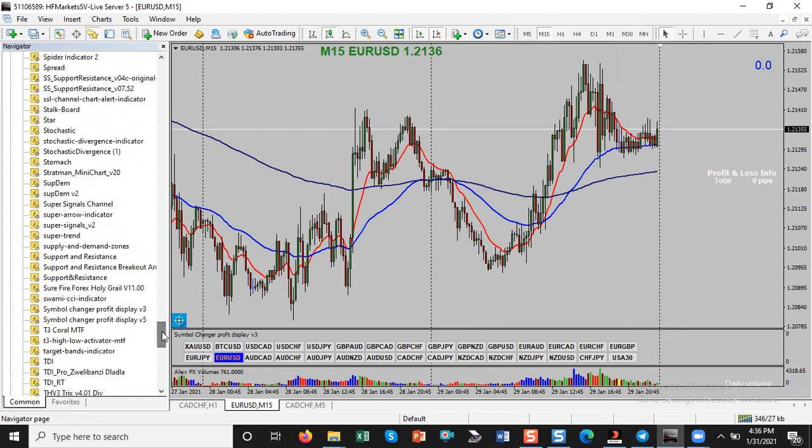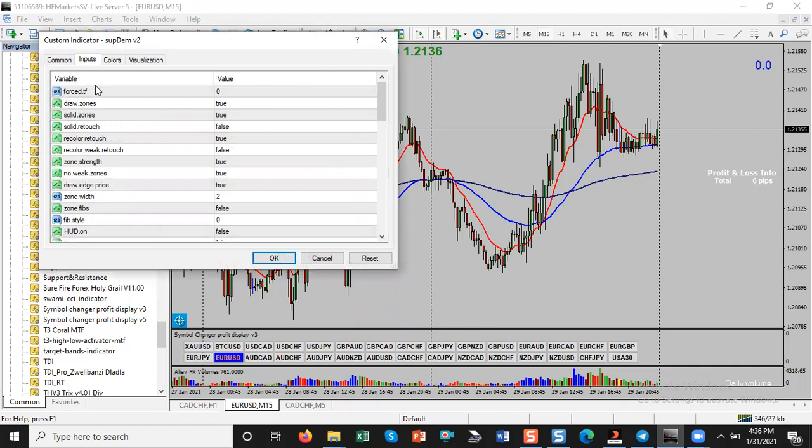This is the one I'm going to be using: SupDem, SupDemand version 2. Add it. On this time frame, we're going to change it to 240 minutes, that is the 4-hour time frame. Then you can remove this draw edge price, change it to false.